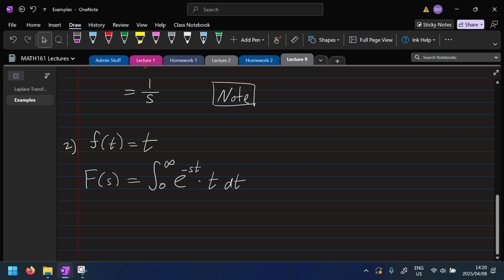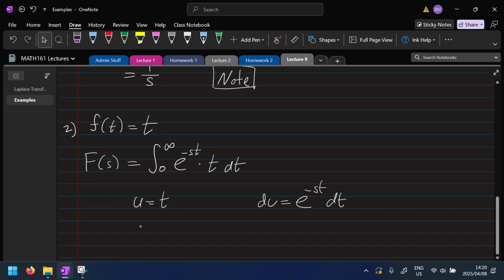But let's do it as an integration by parts problem. So we're going to have u equal to t, dv equal to e to the minus st dt.